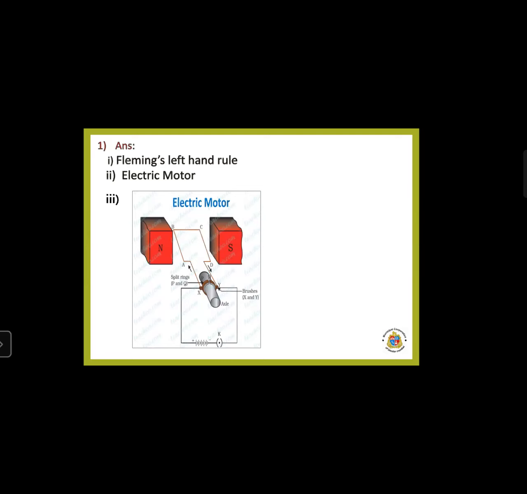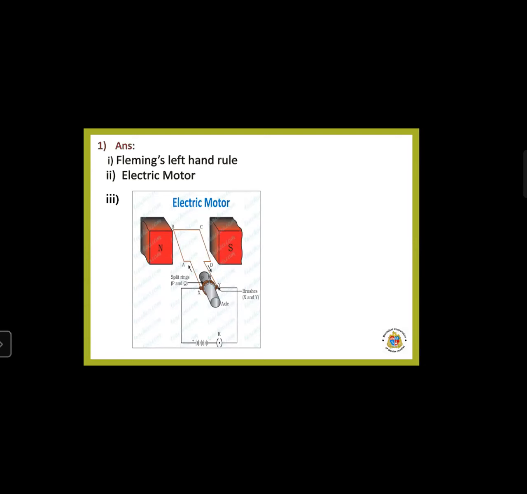Now third question is, draw a diagram showing the design of that device. So this is the design of the electric motor, where it has two poles, the north pole and the south pole, a horseshoe magnet. Next, a rectangular loop-like structure, which is called the axle.